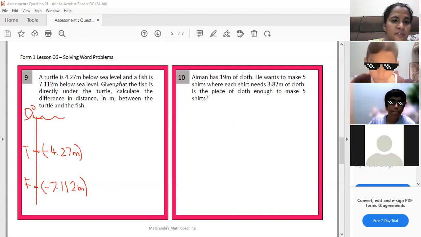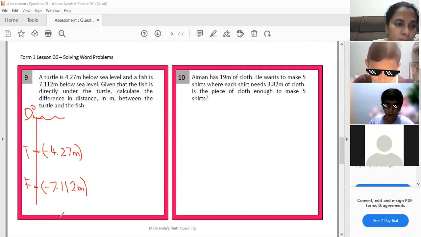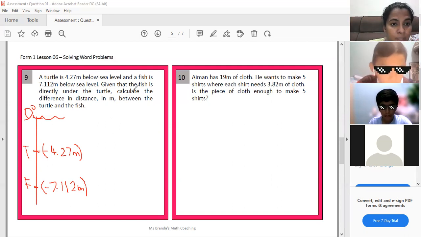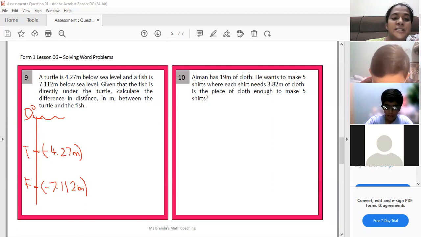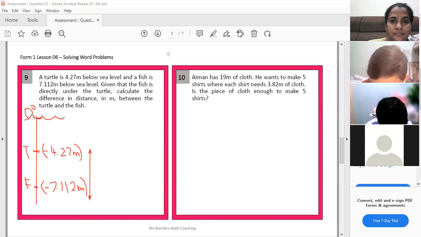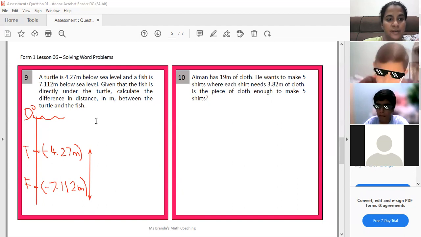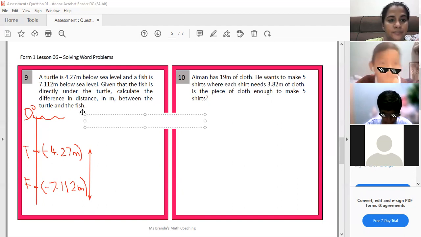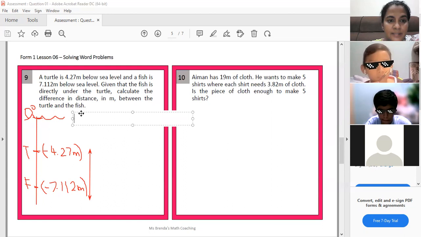Now, given that the fish is directly under the turtle, both of them in the same vertical line, calculate the difference in distance between the turtle and the fish. In other words, from here to here, what's the distance, the difference? You see that? So graphically, you have the picture there, and now you put in the calculation, your number sentence.